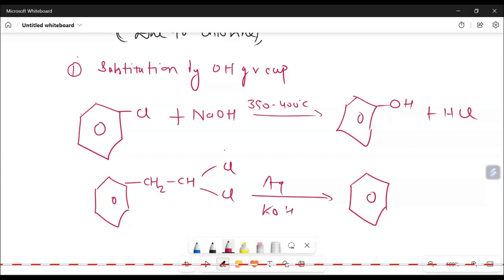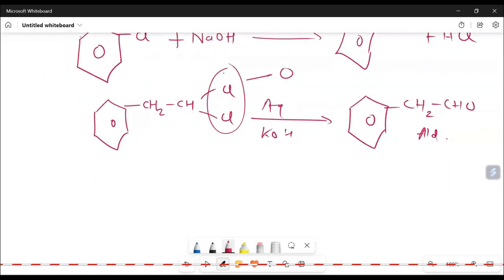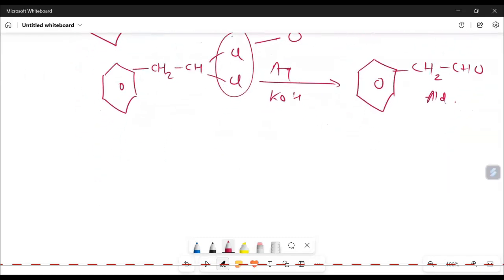It will form CH2 and there will be a double bond, right? So CHO, basically this will be removed and oxygen comes, so it will form aldehyde. Remember, the Cl goes and this will come. Okay, so these are the variations regarding that.